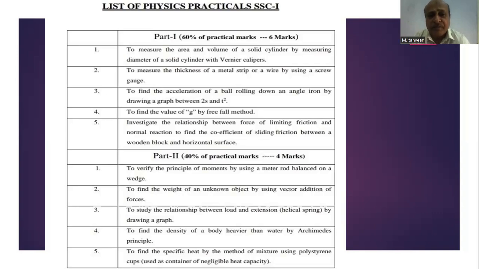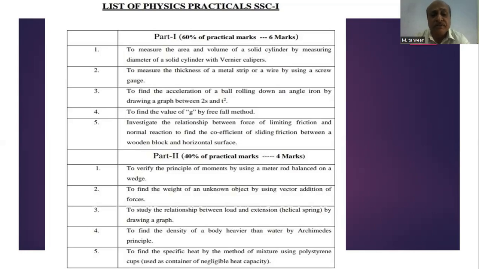One practical will be selected from part 1, and in the question paper it will be section A. And one practical will be selected from part 2, and in the question paper it will be mentioned as section B. So section A will be of 6 marks and section B will be of 4 marks.